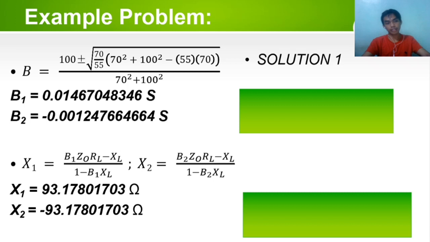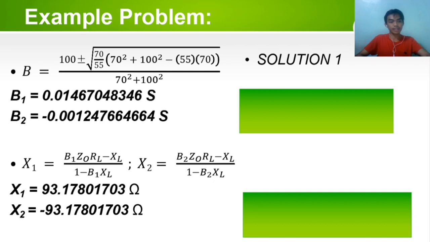By substituting the values, we get two solutions for B. B1 is 0.01467 Siemens, the SI unit, and we also have another susceptance, B2, which is negative 0.01247 Siemens.